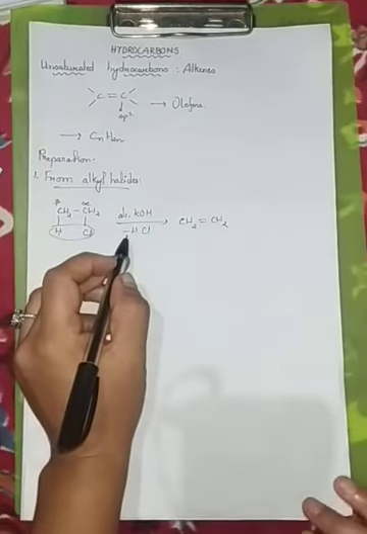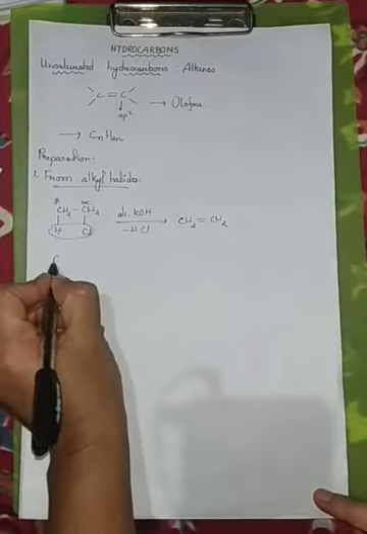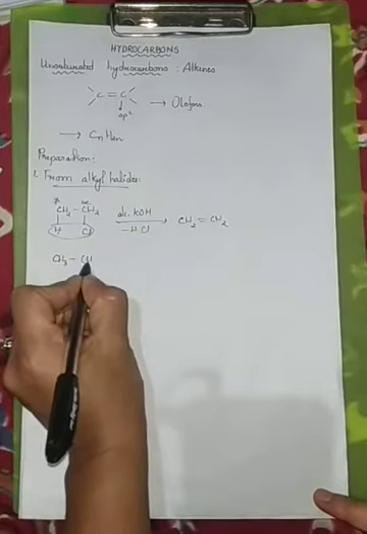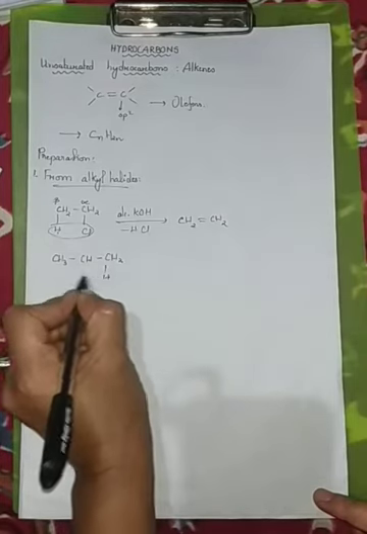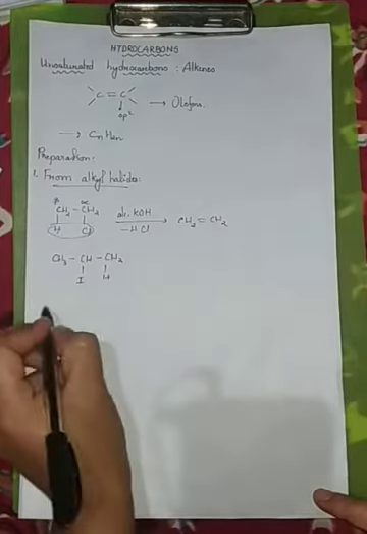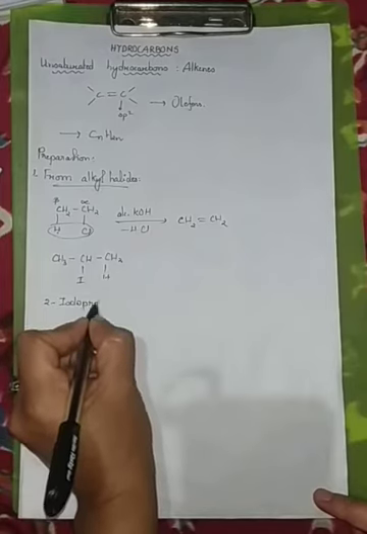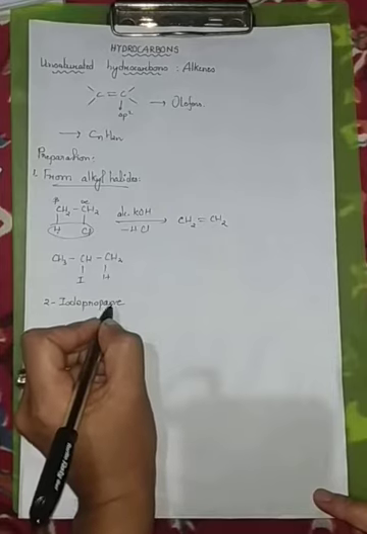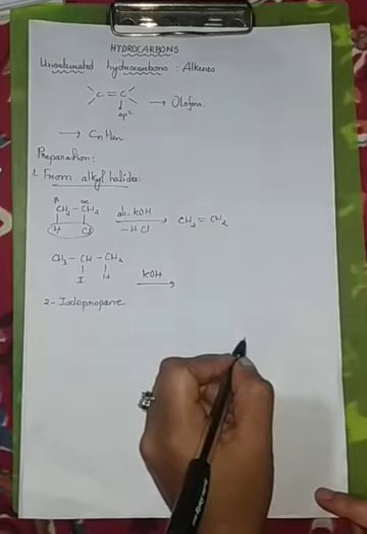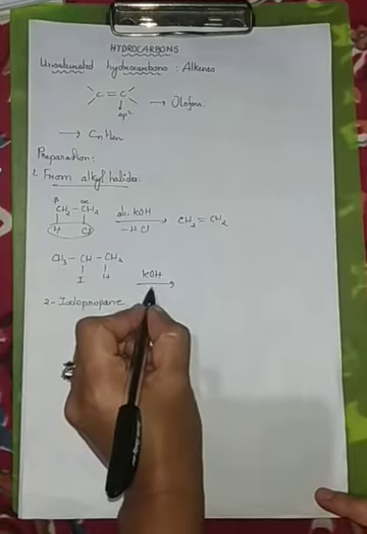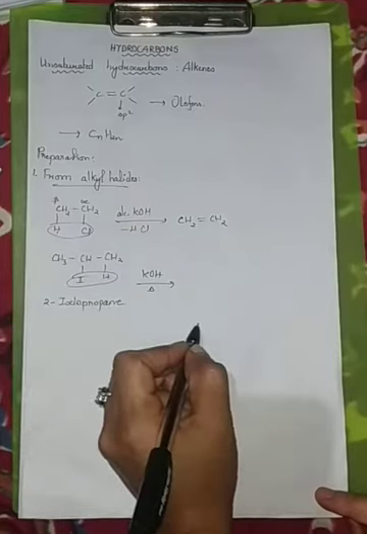Now, let's check out more examples of this type of preparation. CH3CHICH3, this is our 2-iodopropane, with 3 carbon atoms, in the presence of alcoholic potassium hydroxide. When we heat it, there is removal of this halogen acid, HI.